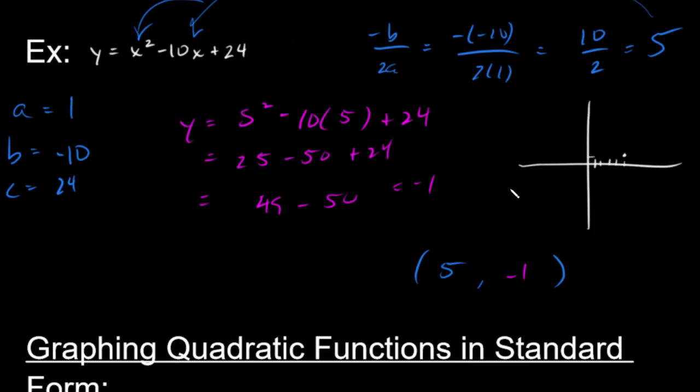So there's your vertex. If you have not noticed so far, parabolas that look like U's are symmetrical. If you drew a line straight through the vertex and then folded your piece of paper along this crease, the two sides would lay directly on top of each other.